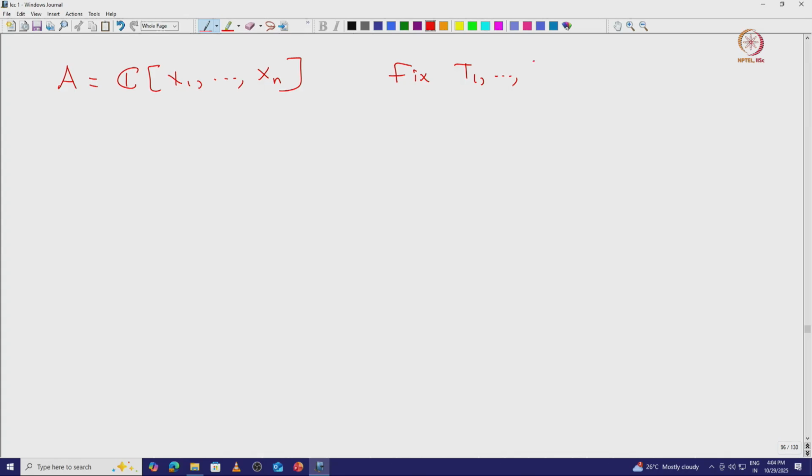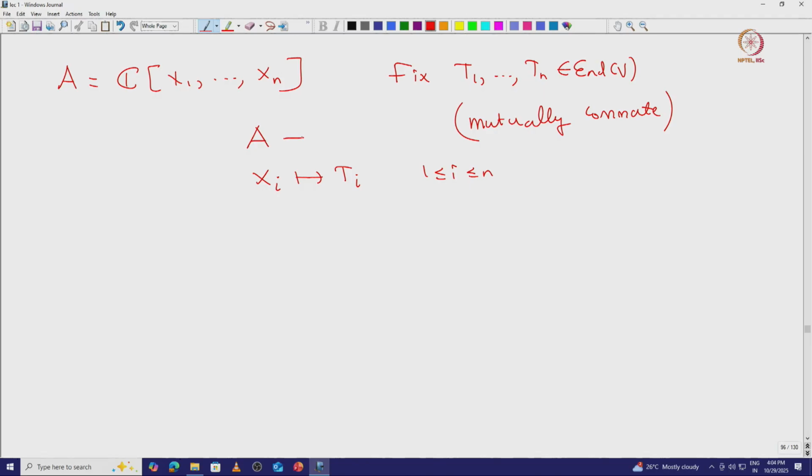To construct a representation of capital A, all we need to do is take n mutually commuting operators from endomorphism of V, and assign x_i to those commuting operators. So, let us fix T1 etcetera Tn from endomorphism of V, and assume that they mutually commute. Then we define x_i goes to T_i for all i between 1 to n. This is a map from A to endomorphism of V, which we can call evaluation at T1 etcetera Tn.